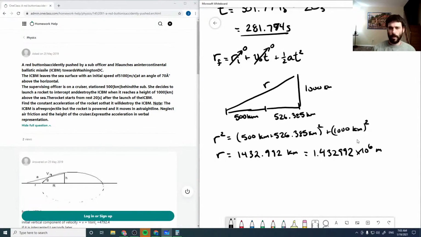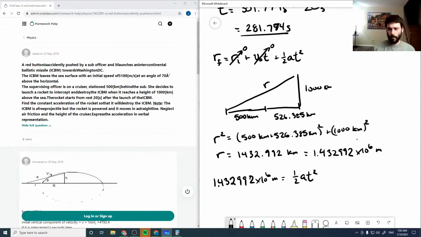Okay, and so we have from our kinematic equation 1.432992 times 10 to the 6 meters is 1/2 AT squared.